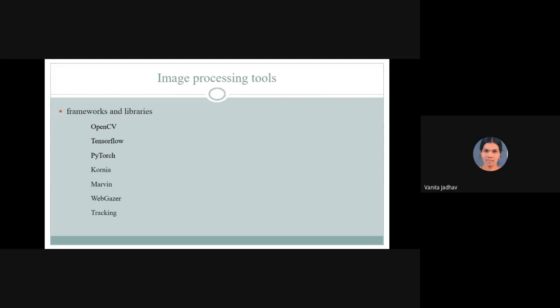In PyTorch, optimization and automatic differentiation models are easily developed. So there are so many frameworks and libraries. I have listed those below, like Kornia, Marvin, WebGazer, Tracking. These are some image processing tools.